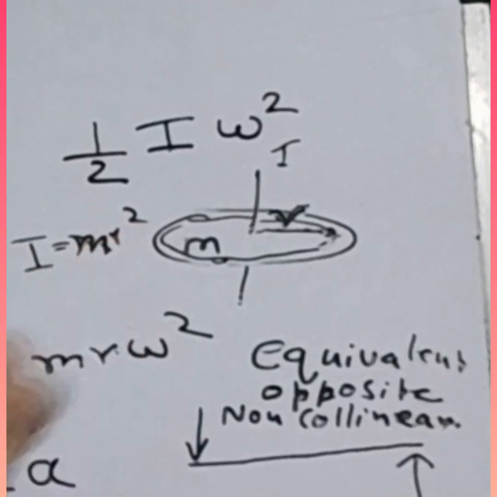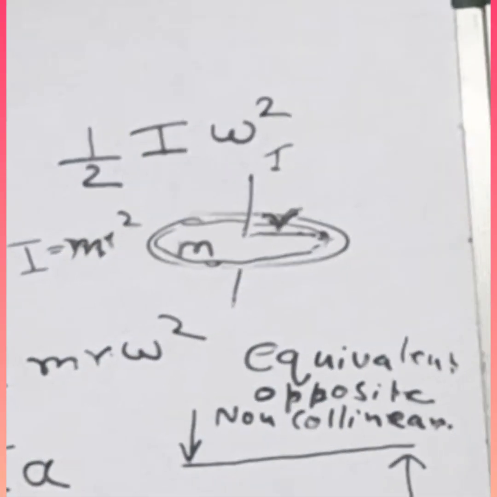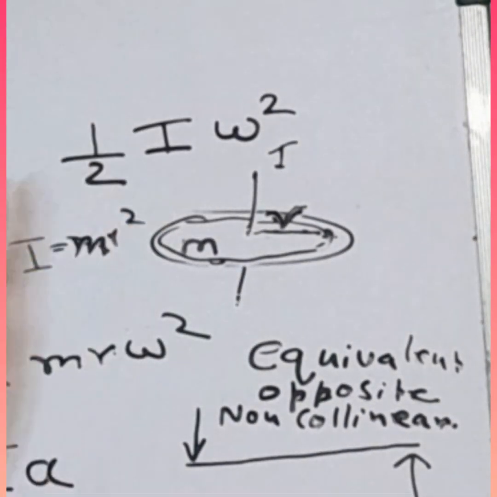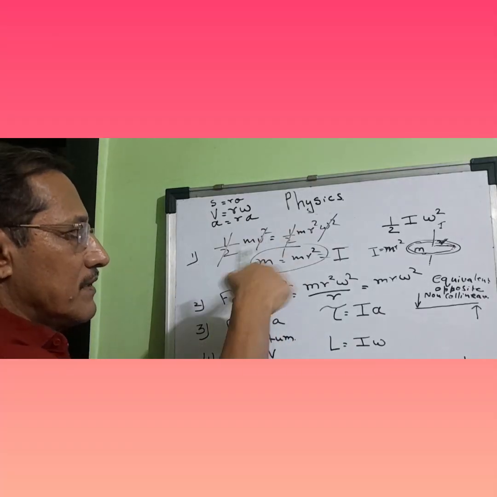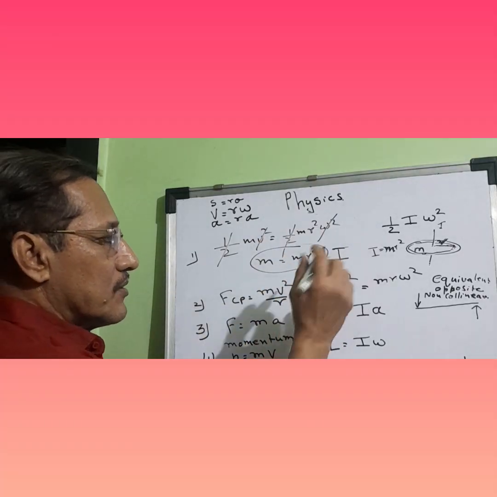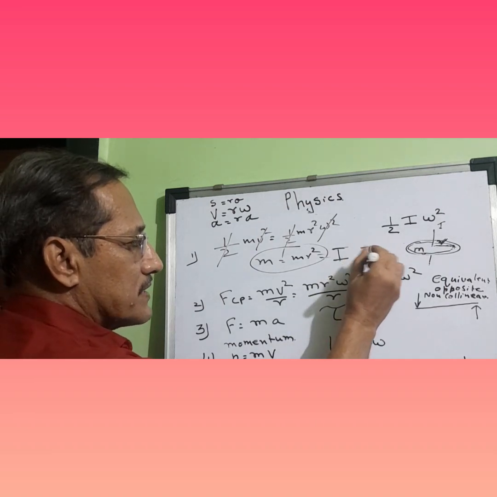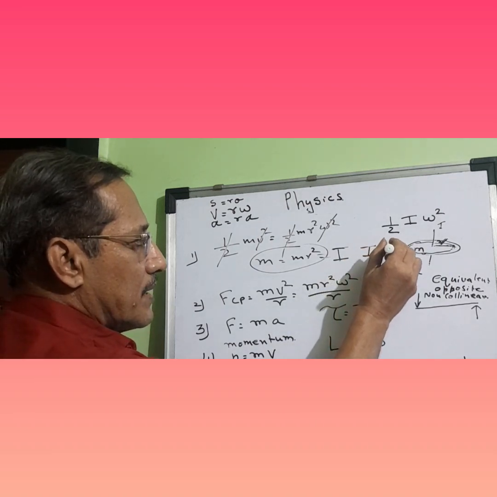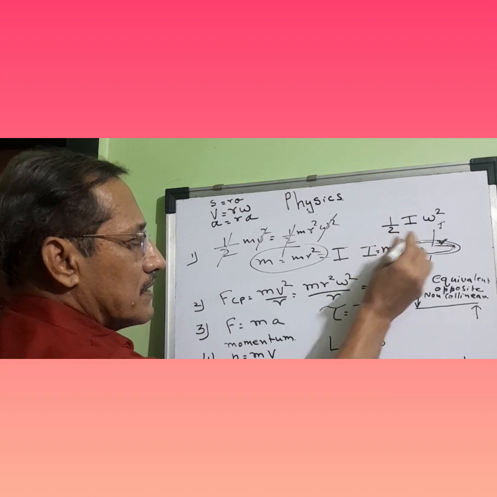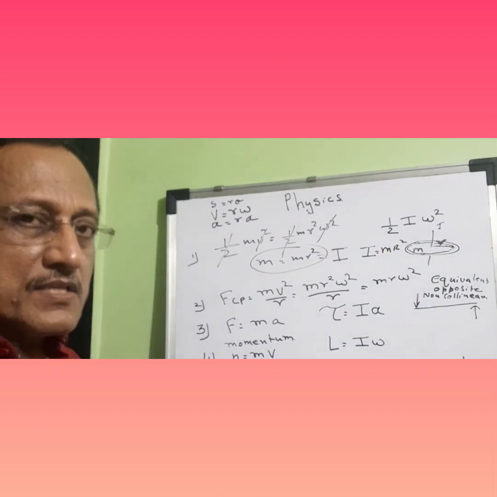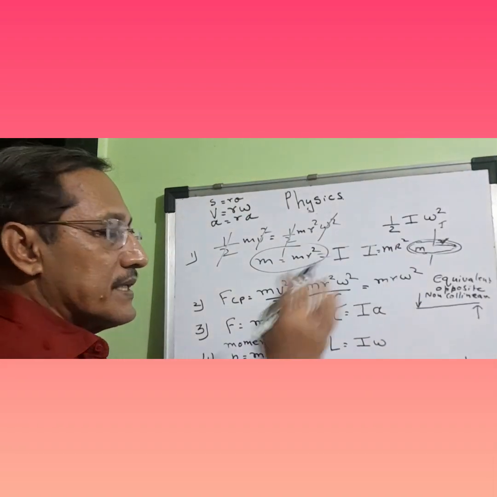So that's about moment of inertia. What we concluded from here is I is equal to mr square, where m is the mass of the material and r is the radius.